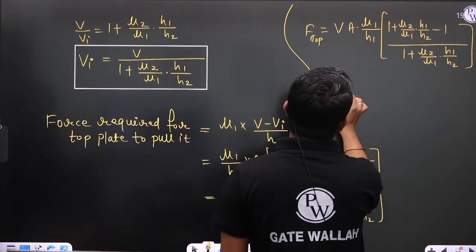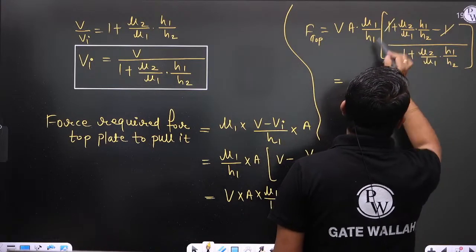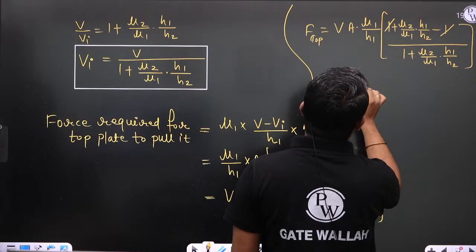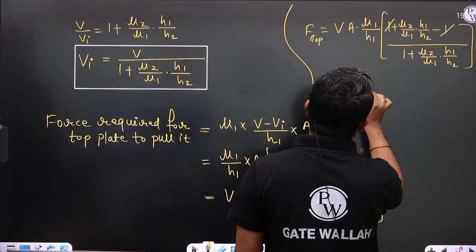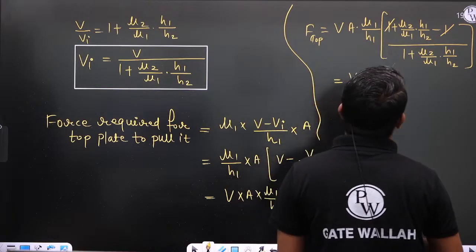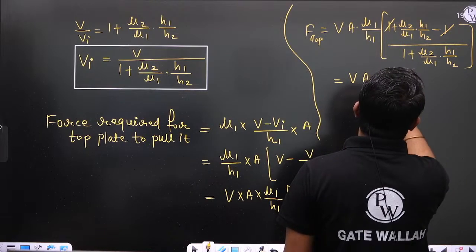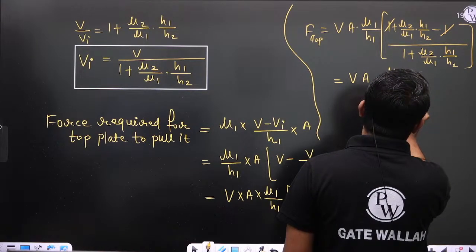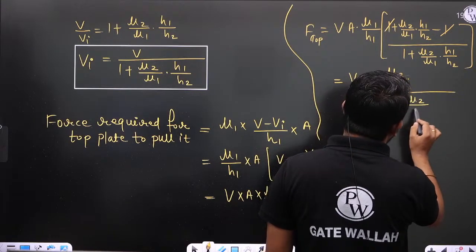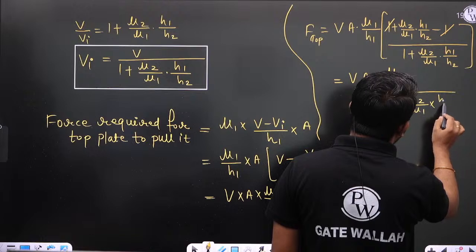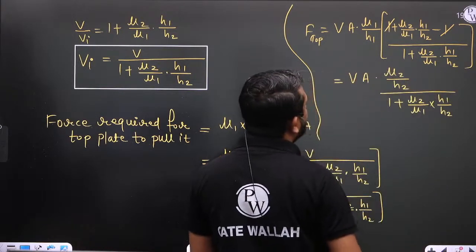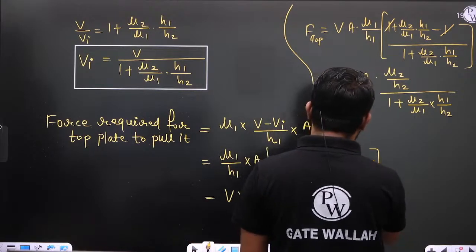Now plus 1 minus 1 cancels out. Now mu1 H1, so this is V into A into mu2 H2 upon 1 plus mu2 by mu1 into H1 by H2.